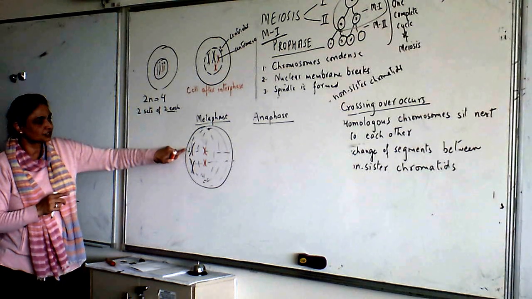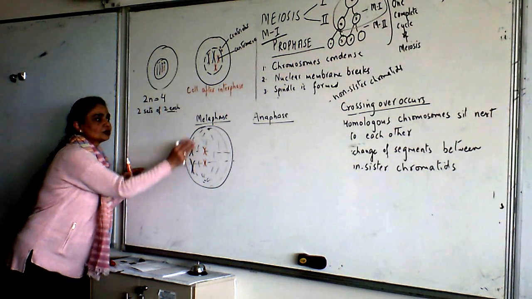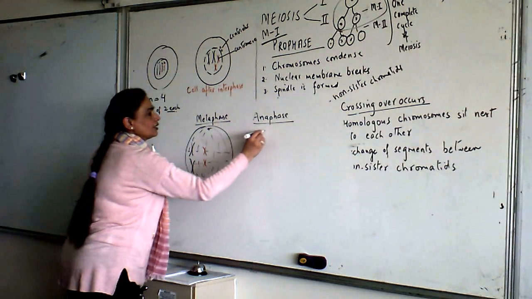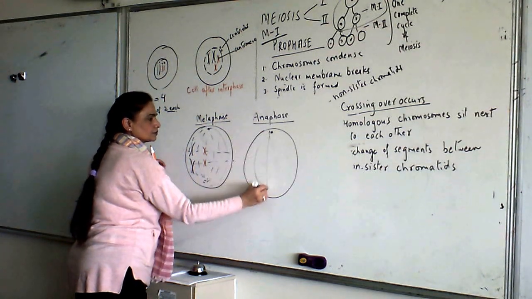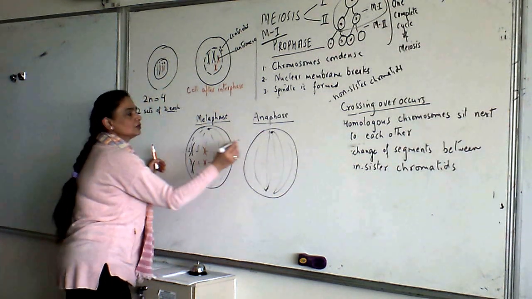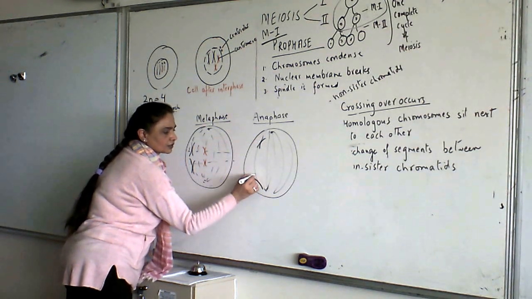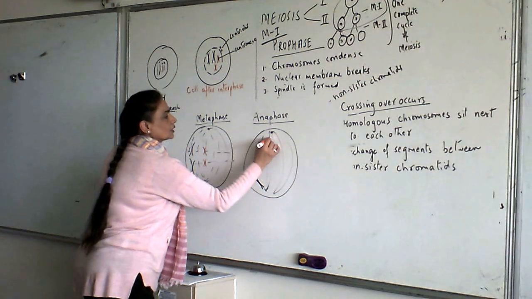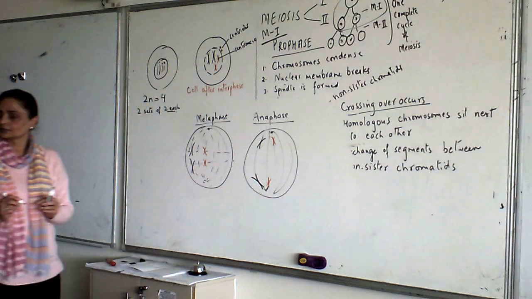In this case, the centromere does not split, sisters do not separate. It's the whole chromosome that separates. So in anaphase, the homologous chromosomes separate, not the chromatids. And they are still double.